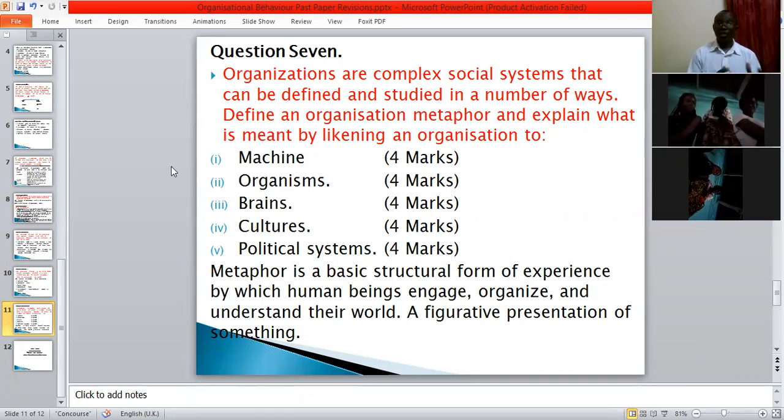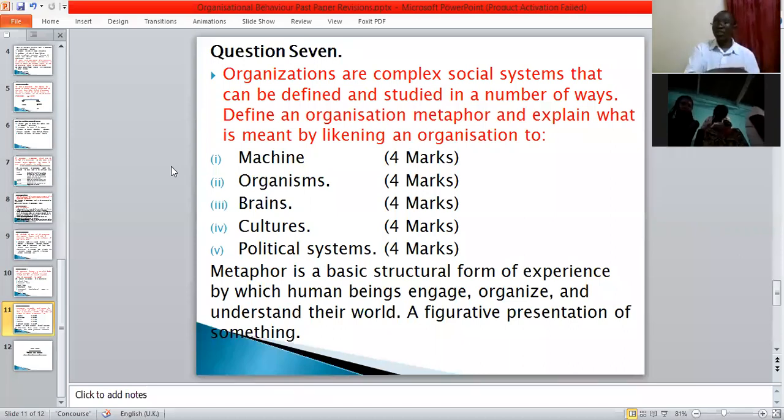Then you look at the issues of culture. Cultures stand and they are transferable from one generation to another. They have this lifespan. You look at an organization in such a way that organizations will remain, just changing from generation to generation. People will be changing, but the organization will still remain there.